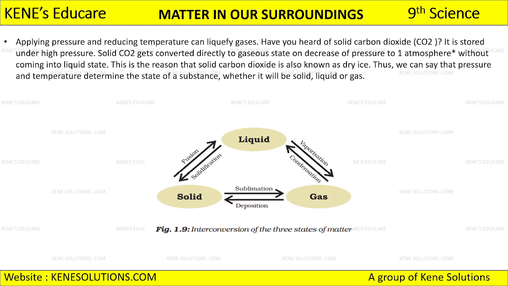This is the reason that solid carbon dioxide is also known as dry ice. Now I guess you know why I asked if you knew about solid carbon dioxide, because it is also known as dry ice, and I hope you might know about dry ice as well, right?